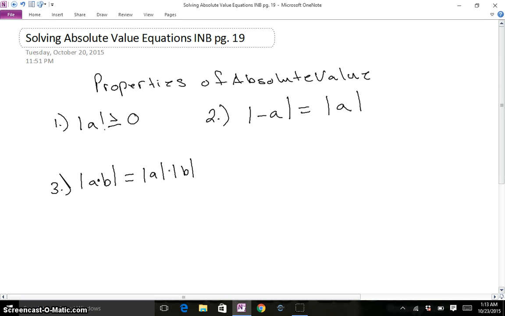So let's put a dot in between, that means times. And then property 4, a over b, absolute value, those are two numbers, equals the absolute value of a over the absolute value of b, provided that b cannot equal 0.